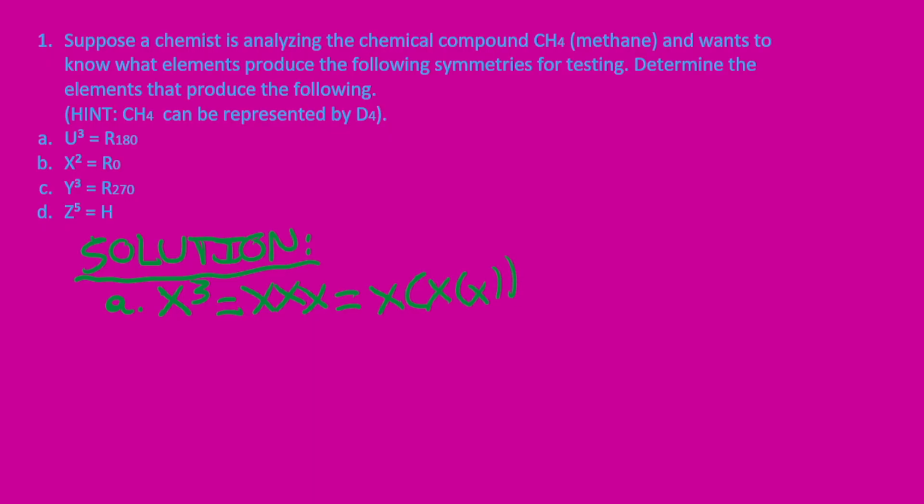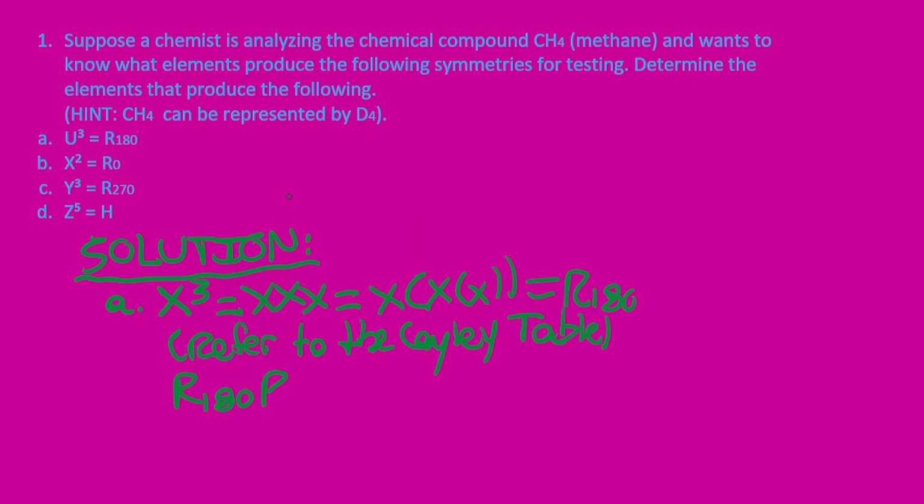So we need an element that, when composed with itself 3 times, produces a rotation of 180 degrees. For all of these, it's best to refer to the Cayley table, which you can refer back to in part 1 of section 1, where we went over that, to look at the different elements to determine this.